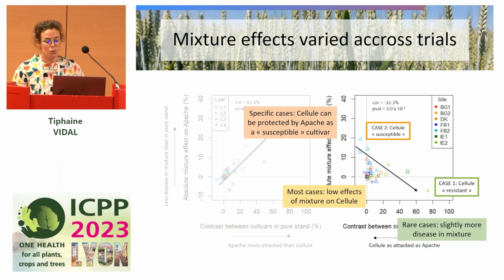So how can we read that? When Cellule is resistant, in rare cases we have slightly more disease on Cellule in mixture, but once again it's not significant. In most cases we have low mixture effects on Cellule, but interestingly, in some specific cases, Cellule can be protected as Apache when it's susceptible, as if it was a susceptible cultivar.